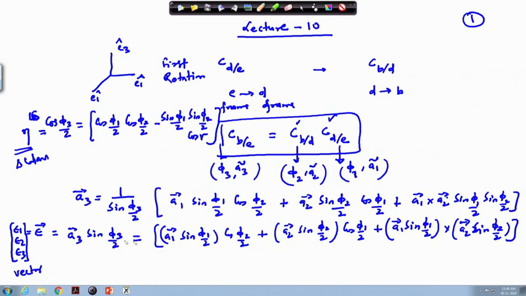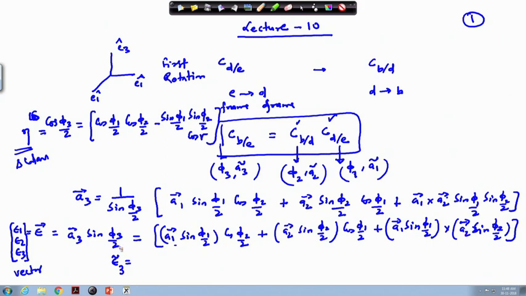If we look into this particular vector, we can write this in matrix notation as epsilon tilde 3. We see that this quantity is common throughout.